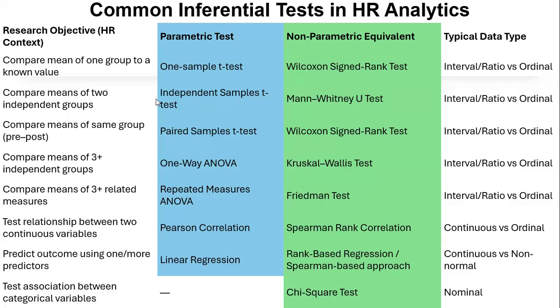And if the assumptions of independent t-tests are violated, you will use a corresponding non-parametric one that we call Mann-Whitney U-test.